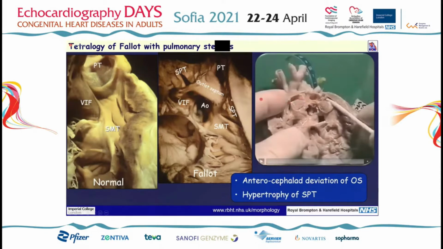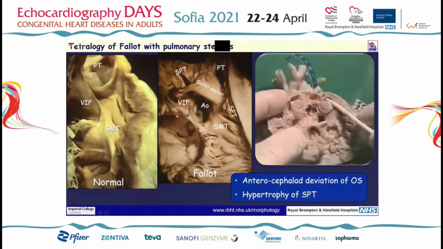So essentially, if you take an intact tetralogy of Fallot heart and we look up towards the pulmonary valve in this picture here, what we've done in this preparation is to cut through the outlet septum in this fashion and open up into the aortic valve, as you see here.